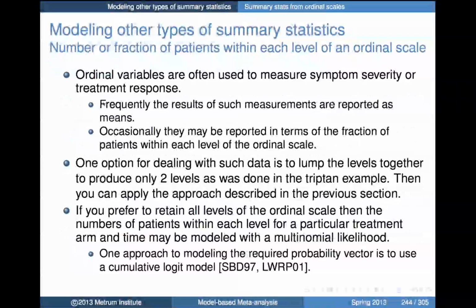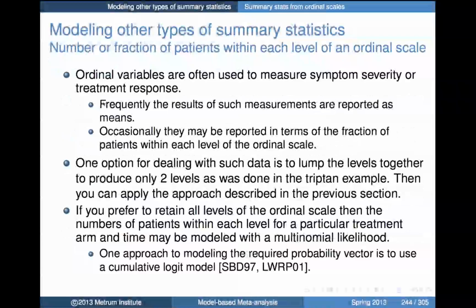Ordinal variables are often used to measure symptom severity or treatment response. Frequently the results of those are reported as means, but occasionally they may be reported in terms of the fraction of patients within each level of the ordinal scale.